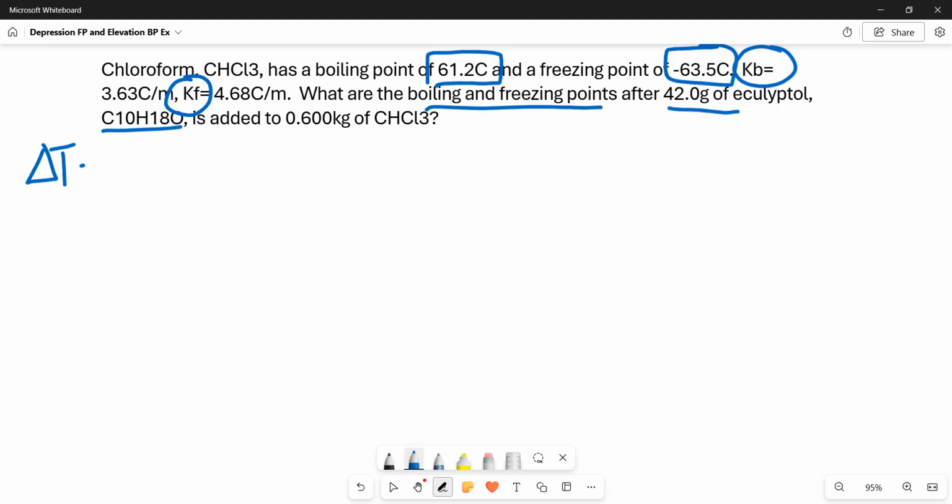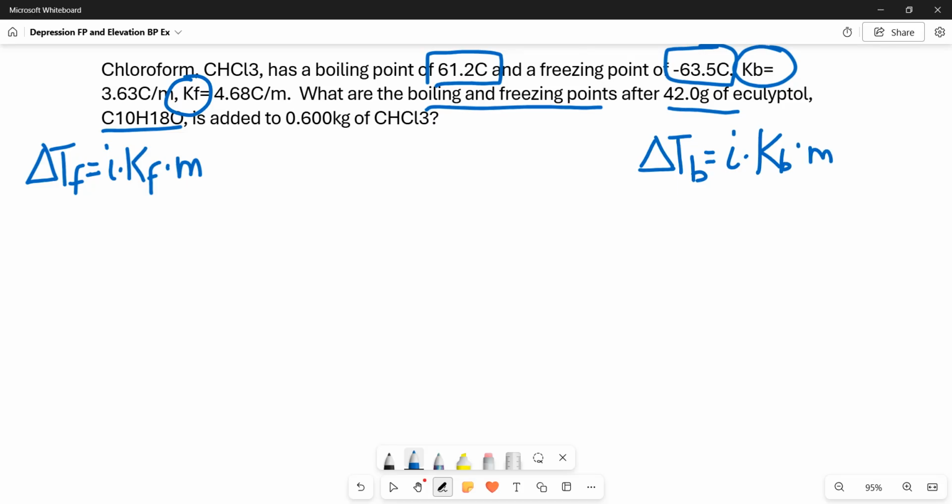The delta T of F is going to equal the Van Hoff factor times the K of F, which is a constant, times the molality. And over here, the change in boiling point is going to be the Van Hoff factor times K of B, which is a constant, times the molality.